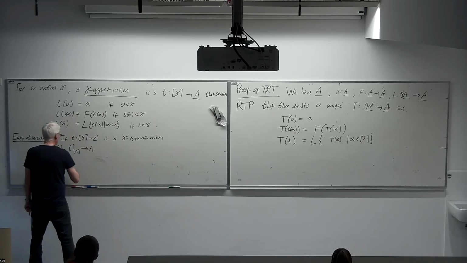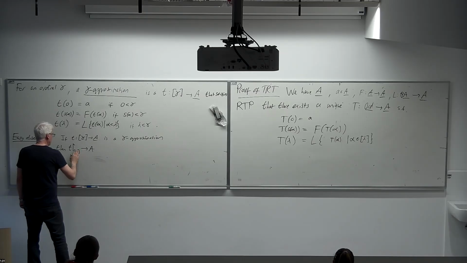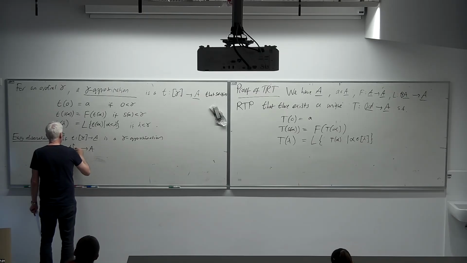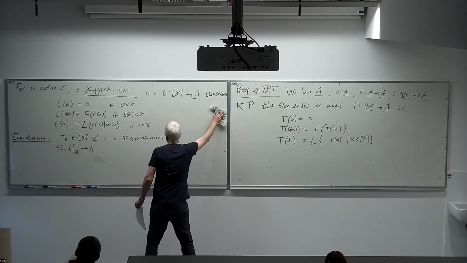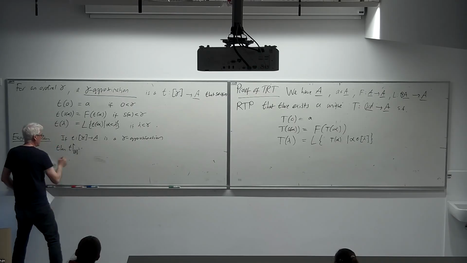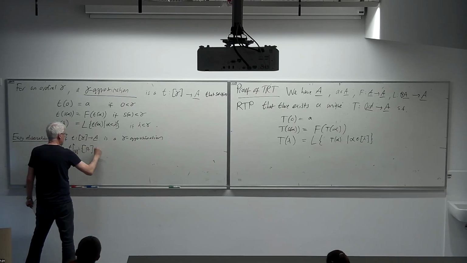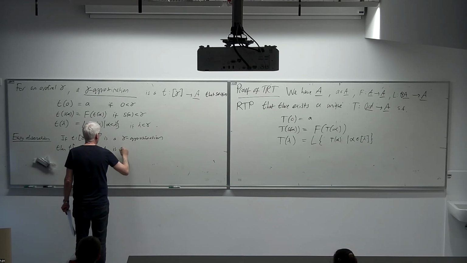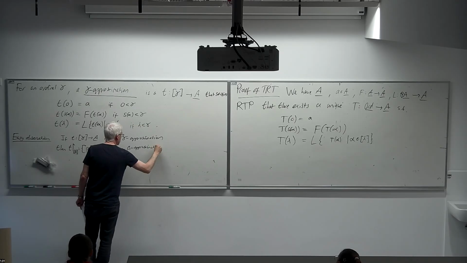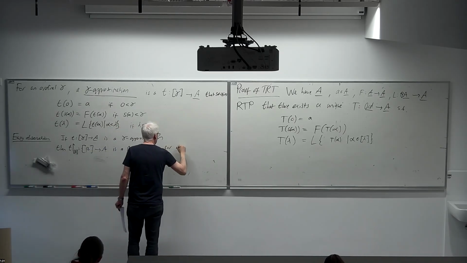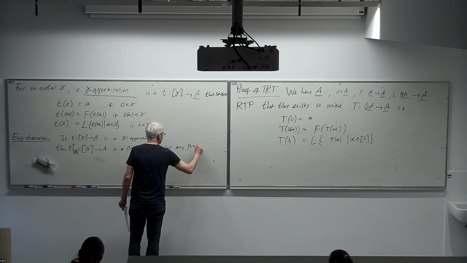So t restricted to beta, to the ordinals strictly below beta, that's a function from the ordinals strictly below beta to A. That's a beta approximation for any beta strictly less than gamma.